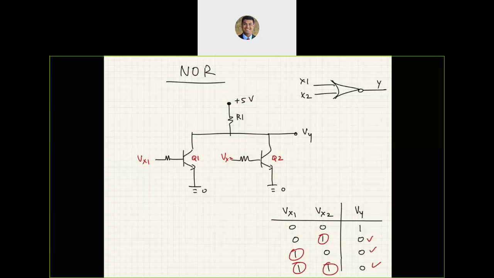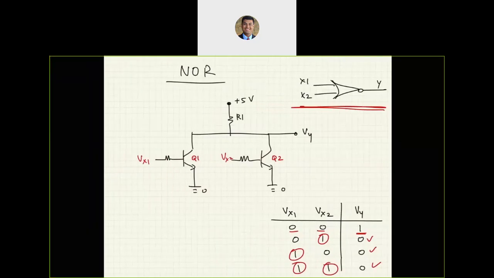Only when both transistors are off is Vy going to read high voltage, because there is no pull down network, but there is a pull up resistor R1 to pull up the voltage of Vy to 5 volts. So for a two input NOR we need two transistors in parallel. And as you might imagine, to get OR functionality, we just need to attach a NOT gate after the NOR.